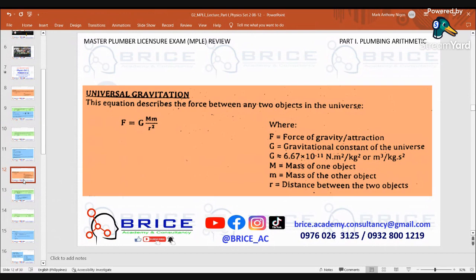F is equal to G big M small m over r squared, where F is the force of gravity or attraction, G is the gravitational constant of the universe, approximately equal to 6.7 times 10 to the negative 11 Newton per meter squared per kilogram squared, or cubic meter per kilogram second squared. M, the big M, is the mass of one object, the small m is the mass of the other object, and r is the distance between the two objects.